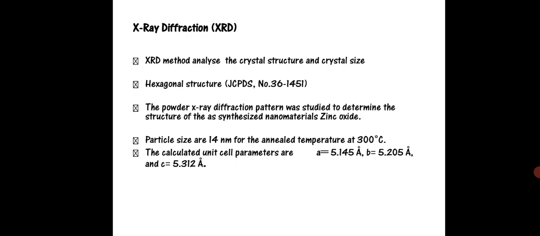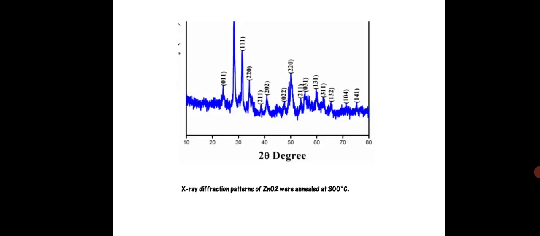We calculate the unit cell parameters: a equals 5.145 angstrom, b equals 5.205 angstrom, and c equals 5.312 angstrom. This graph is plotted against degree, with the different parameters of a, b, c values.